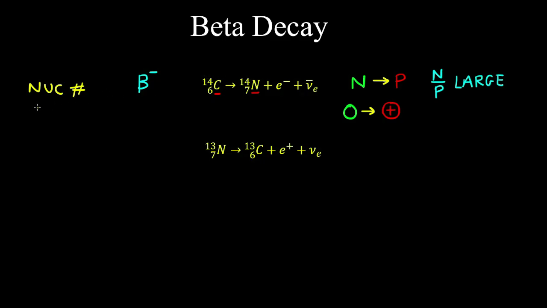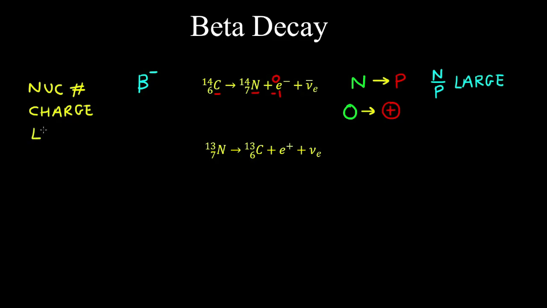And checking the conservation of charge, we see that we have 6 protons on the left and 7 on the right. So therefore, we must have an electron which has a nucleon number of 0, as it's an electron, and a charge of -1. So now charge is conserved.